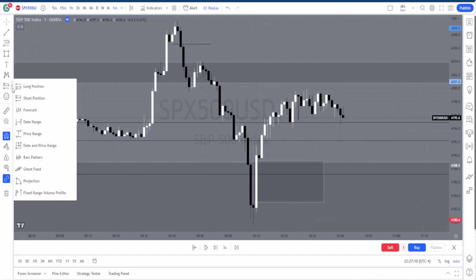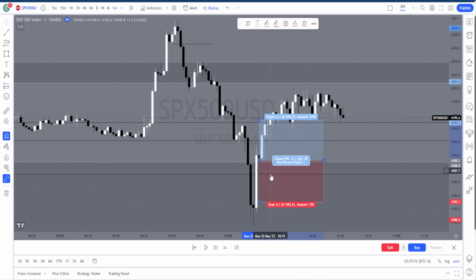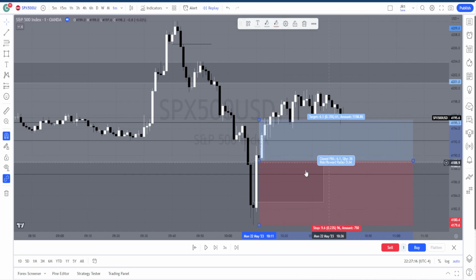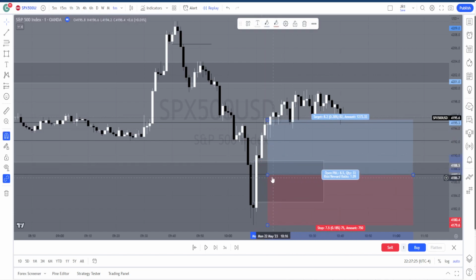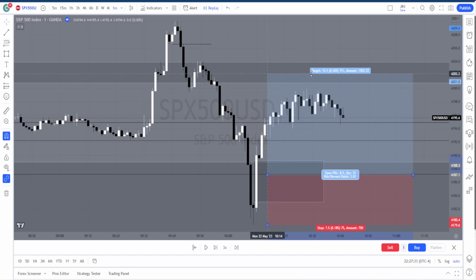So what I will do is you could either put a long right here with the stops where the imbalance starts right there. Or you could put it below yesterday's close, because we only take trades when price is below either 3 or 2 of them.